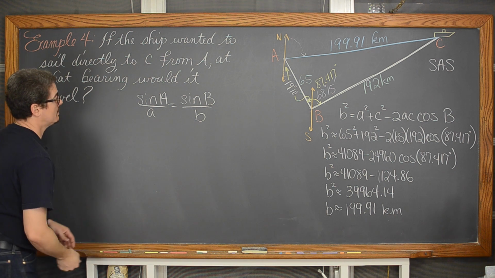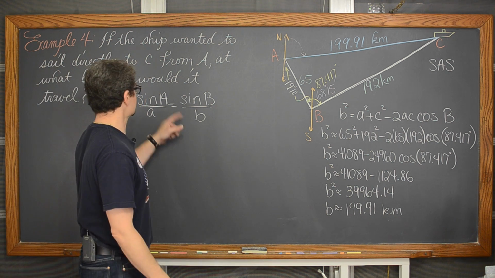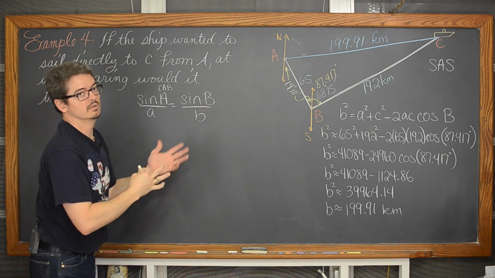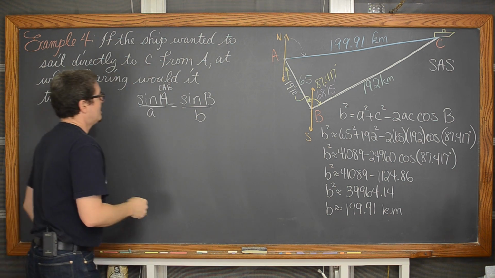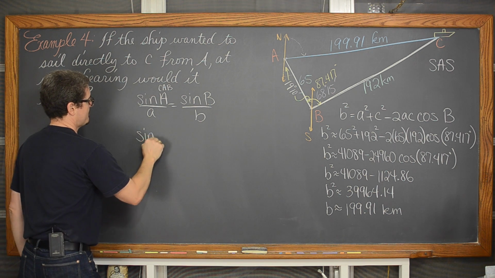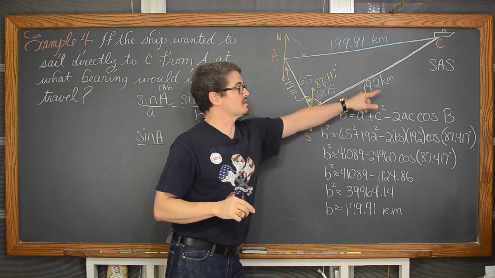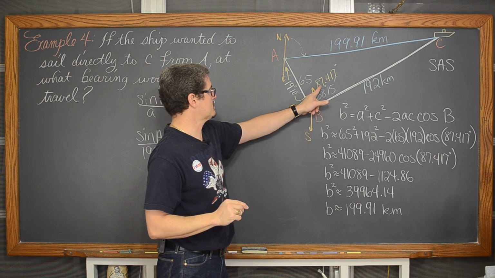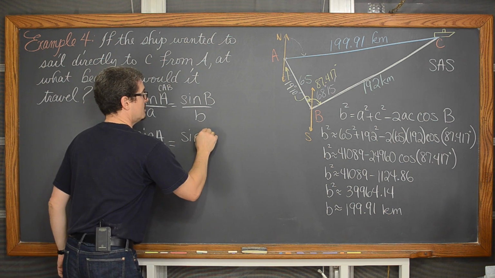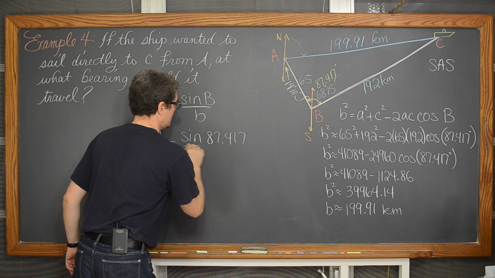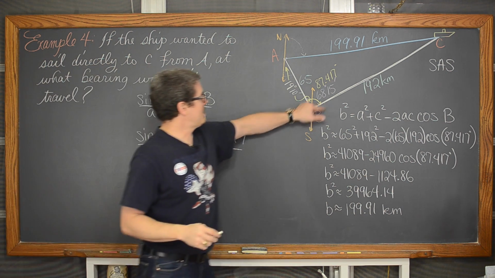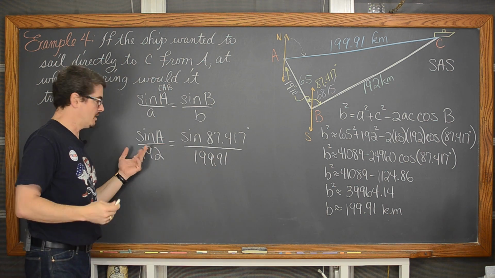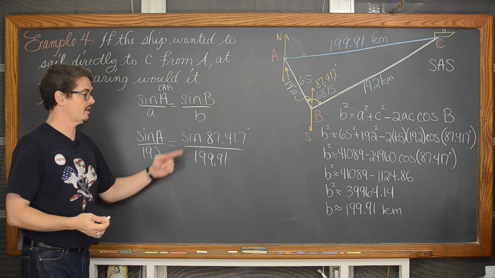I guess it really should say CAB, since there are three angles there, but at any rate, I'm just going to call it sine of A. The sine of A over the side opposite that, which is 192, is equal to the sine of B, and that's going to be the sine of 87.417 degrees over side B opposite angle B, which is 199.91.